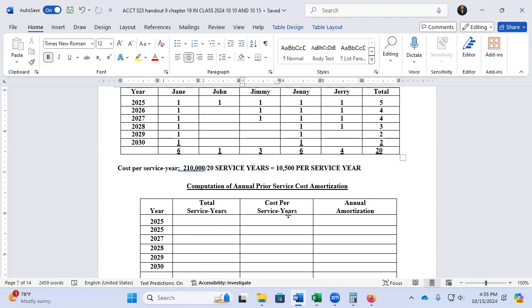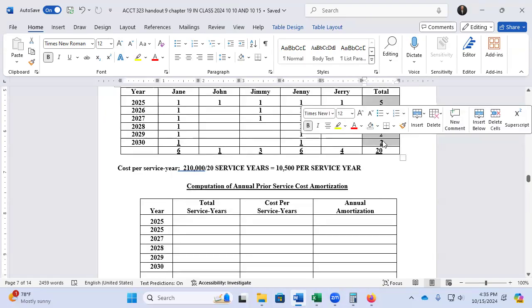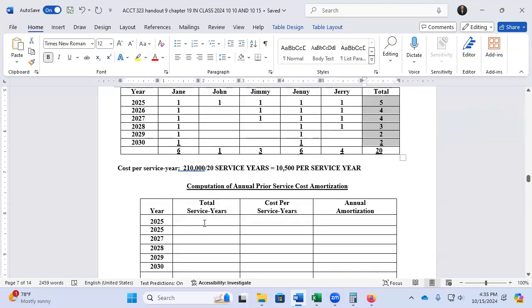So now you want to find out how much in each year you are going to recognize. So we take our totals for 2025 and we're just going to copy this column over. And our cost per service year is 10,500. We're just multiplying these across. So I get 52,500. This is always going to be 10,500.